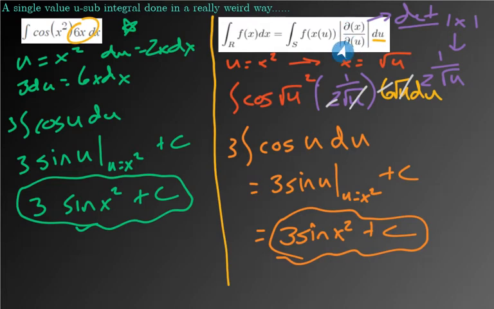This little determinant in here has a very important name, and we're going to talk about that today. It's called the Jacobian, and this is actually how U sub works, and this is what extends really nicely to higher dimensions. This little trick doesn't. It's just a notational trick that we can do because of this. I'm going to come back to this later, and I'll show you how this is really like the one-dimensional version of a change of variables.